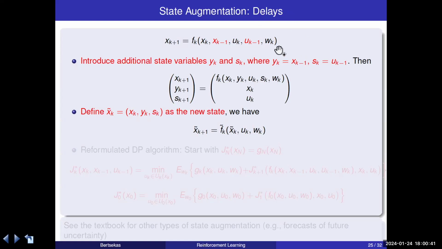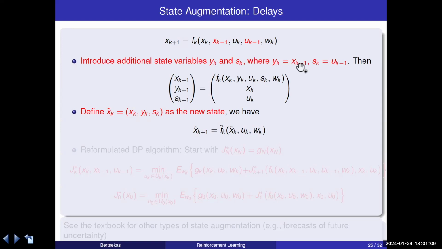So how do we deal with that? Well, the idea is to take as state everything that is important for the purposes of future optimization. When we choose u_k, it is important to know this, and it's important to know that, because that affects the next state. So it is natural to think about introducing additional state variables that encode these delayed quantities.